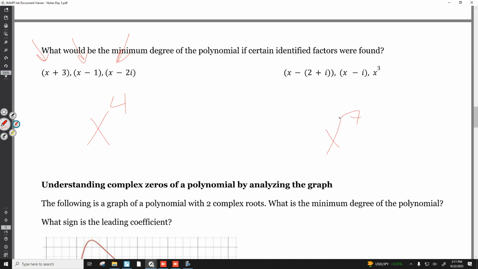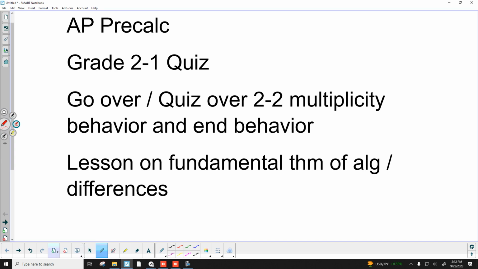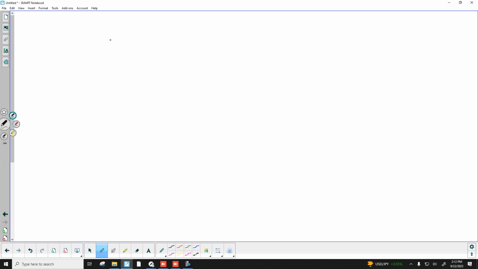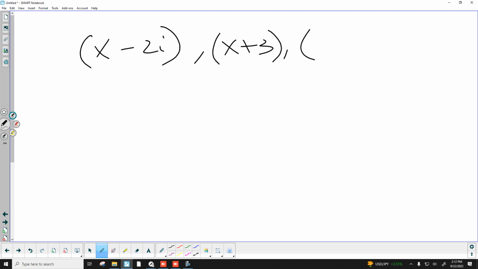Okay, here's another one. Ready? If you have x minus 2i as a factor, you have x plus 3, and you have x plus 2i, what must be your degree? Tell your neighbors.